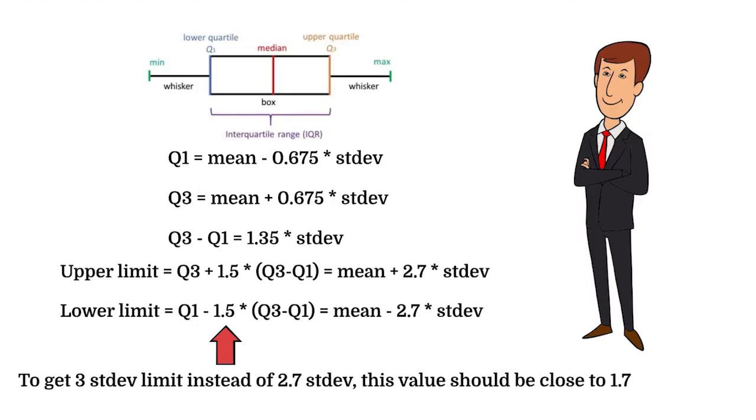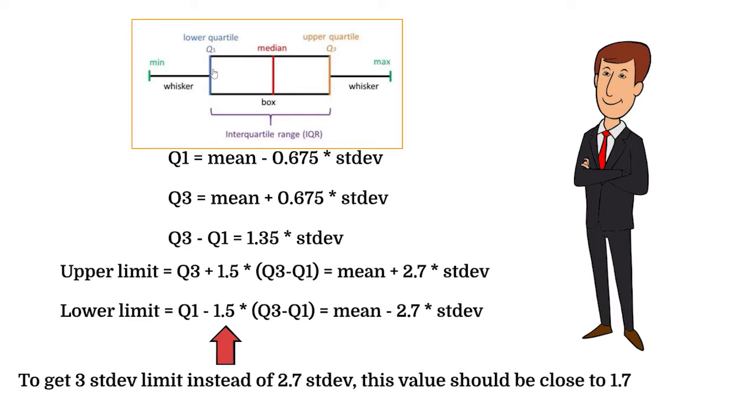Box plots are very handy to identify outliers. It has several parts. As shown here at the top, it has a minimum value. It also has a maximum value. Anything below the minimum value or anything above the maximum value can be considered as an outlier. It has some other parts also. For example, here Q1 is defined as the lower quartile, Q2 is the median, and Q3 is defined as the upper quartile. The median value is the data point above which 50% of the data points lie here, and the remaining 50% of the data lie here.